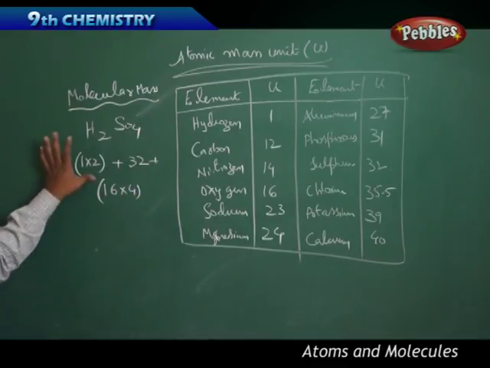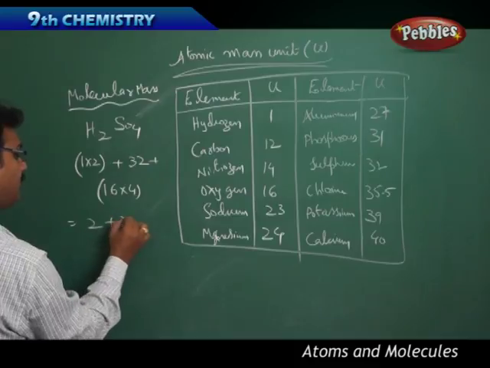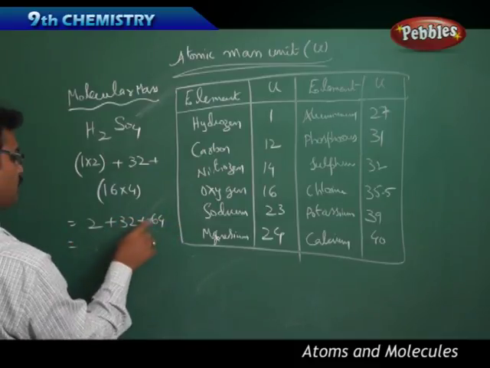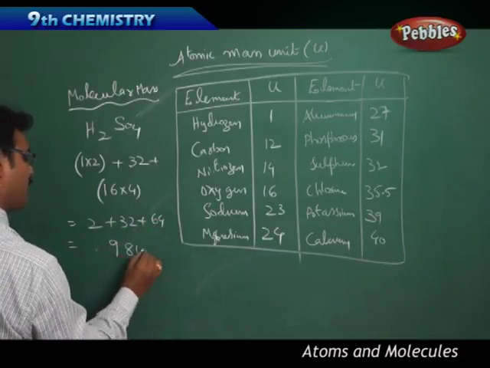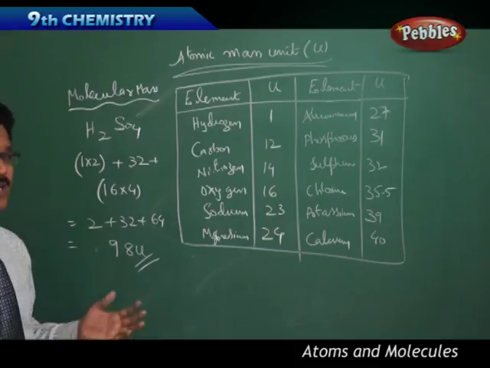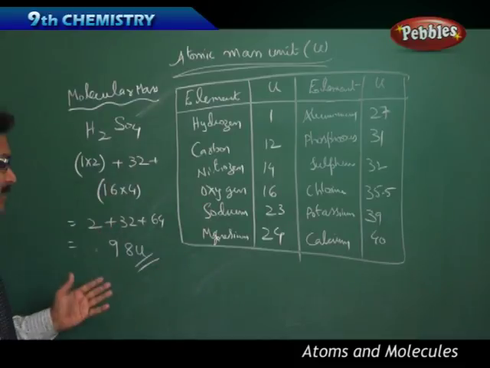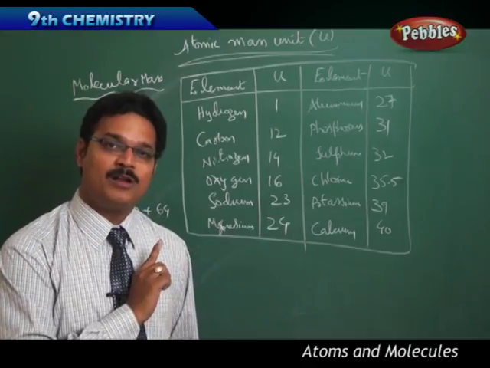You got it? How I am writing the mathematical calculation, right? So 1 into 2 is 2, 32, 16 into 4 is 64. So how much you got? 4 plus 2, 6, 6 plus 2, 8, 8 plus 9, 98. So the answer is 98U, the molecular mass. In that way, any molecule you take, if you know the atomic mass, just take them and add them to get the molecular mass. So we understand how to find molecular mass.